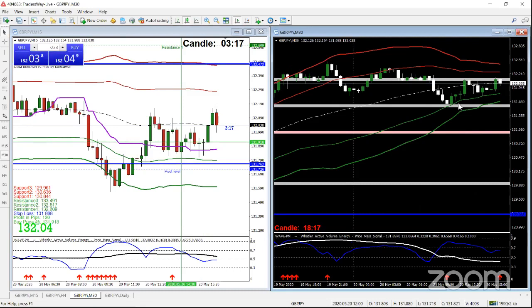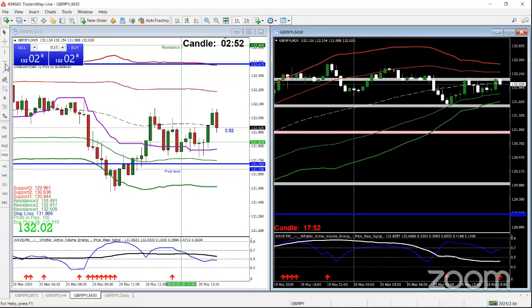The tighter the compression, the better move you're going to get. From this whole time, it's just a waiting game. Build up pressure. Nothing happened yet. This is just a time if you want to make a little money, get out, make a little money, but something is going to blast us out of this range.